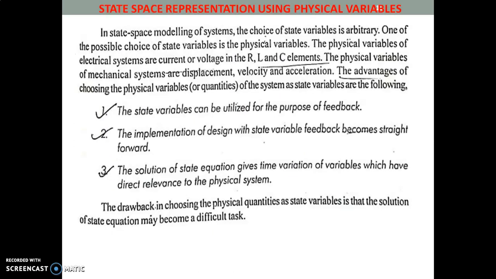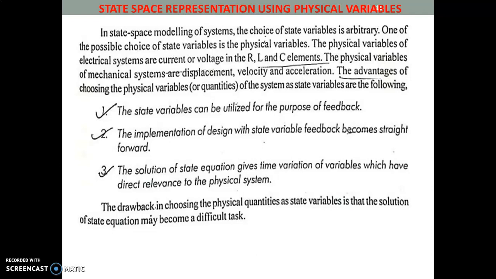Next, the state space representation using physical models. Just now we have discussed the state model, right? Those state models we can represent in different ways. One way is by using physical variables, second by using phase variables, and third by using canonical variables.